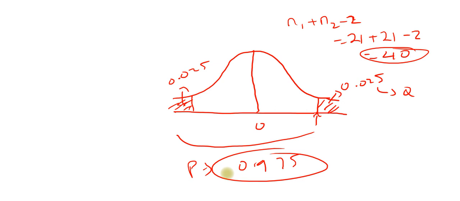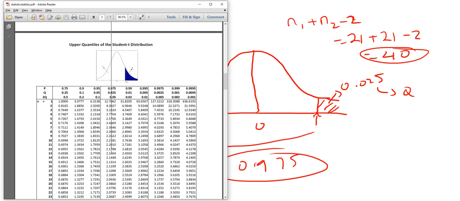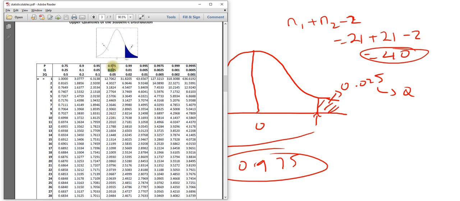So you just choose which one is appropriate to find the T value. So Q is equal to 0.025. You see 0.025 is here. Just remember that column Q 0.025 or P 0.975, it's the same thing.